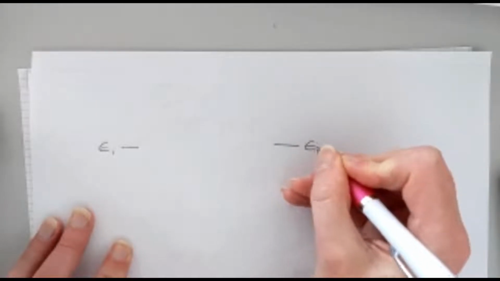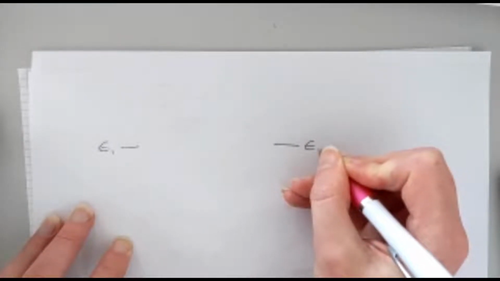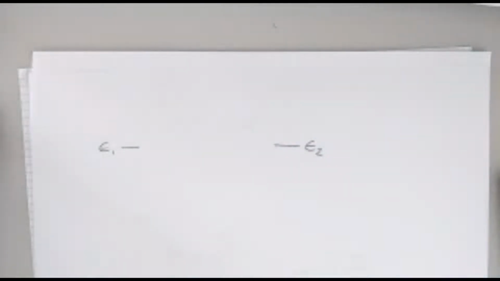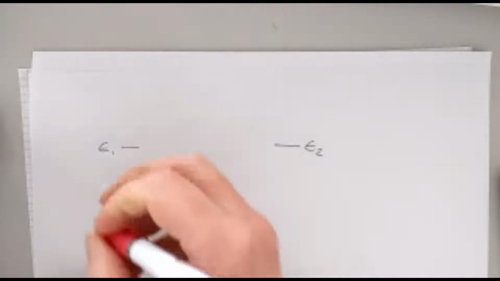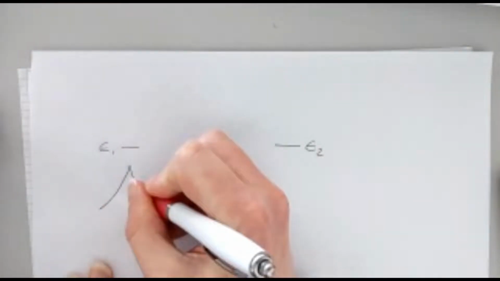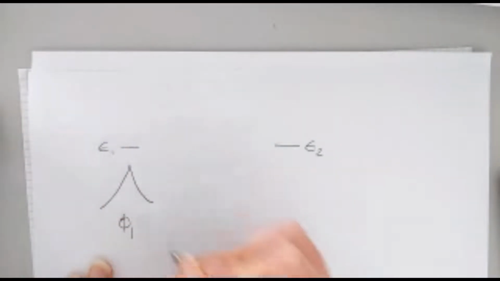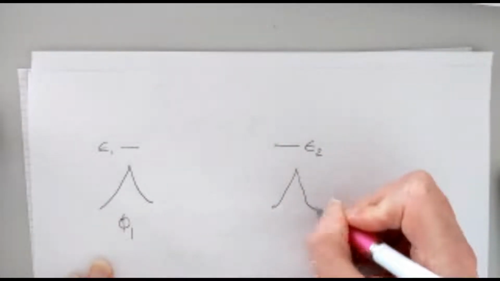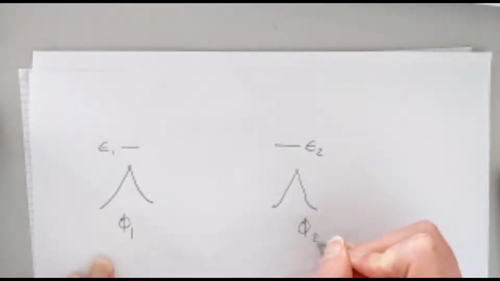We've got energy level epsilon 2 for the second atom, but if they're the same type of atom, then they'll be the same energy. And this has got a wave function phi 1, and this has got a wave function phi 2.